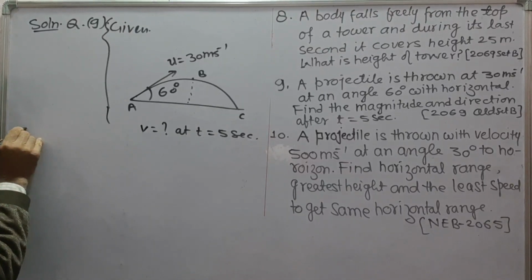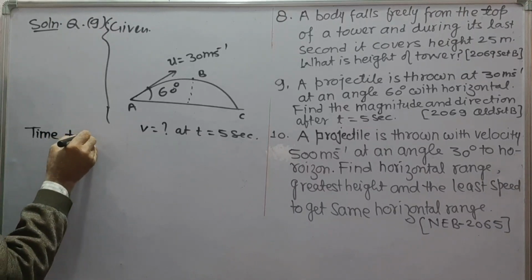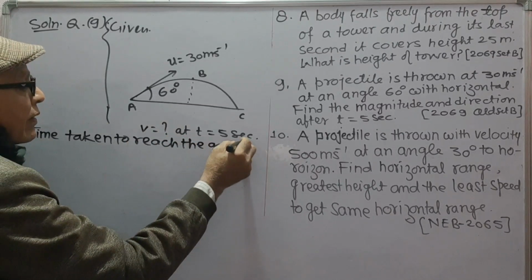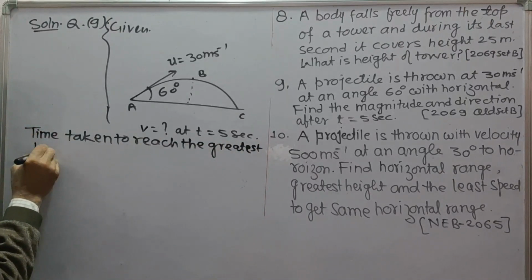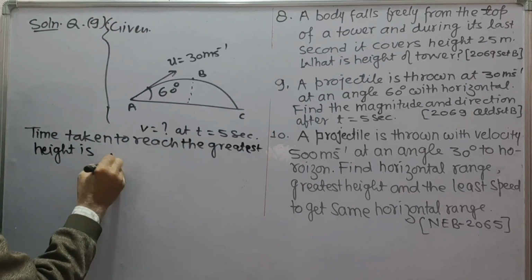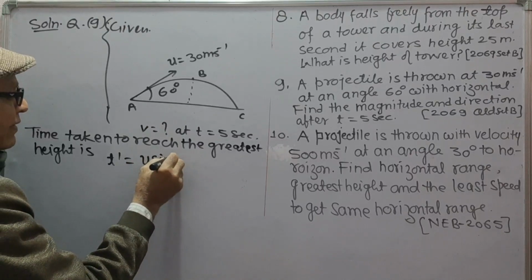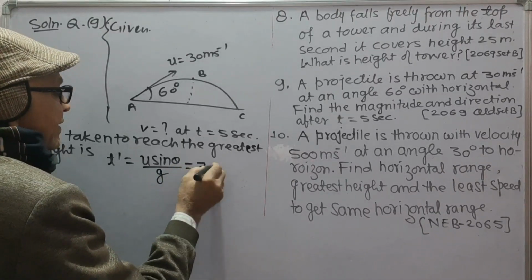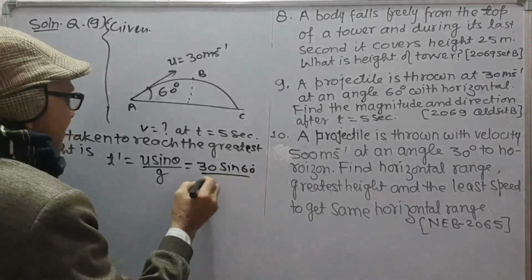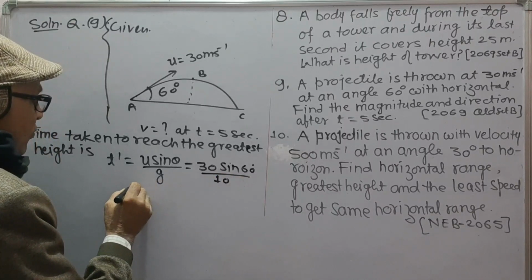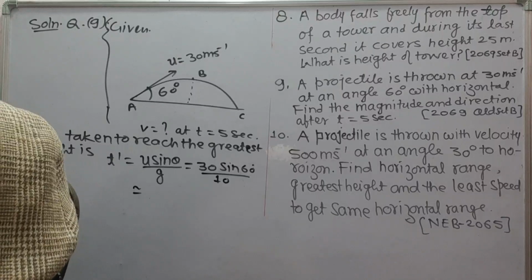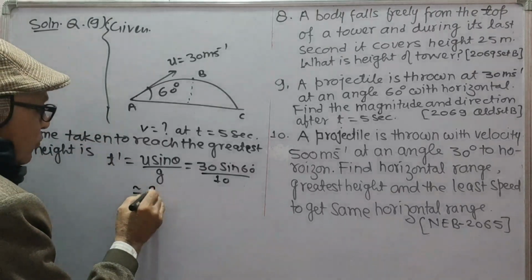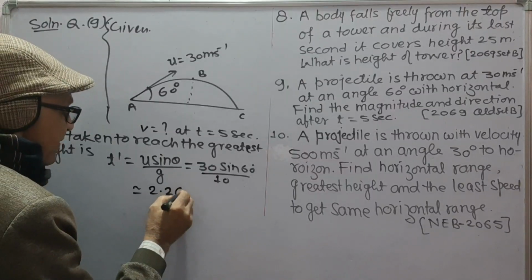Our solution: time taken to reach the greatest height is t dash is equal to u sin theta upon g, which will be 30 sin 60 upon 10, which is nearly 2.6 seconds.